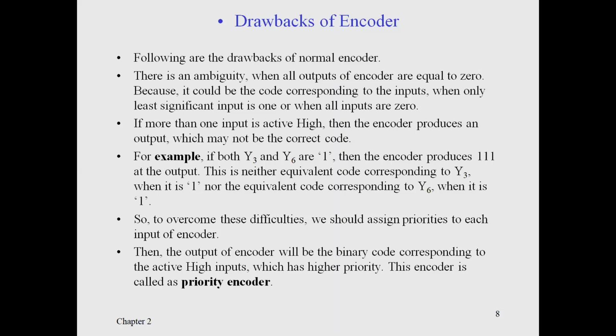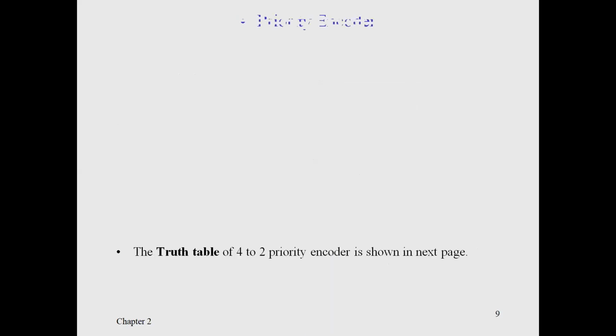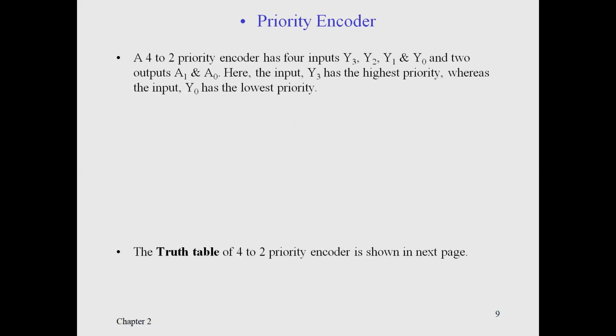Then the output of the encoder will be a binary code corresponding to the active high input which has higher priority. Therefore, this encoder is also known as a priority encoder. So let us go into the details of the priority encoder. A 4 to 2 priority encoder has 4 inputs, Y3, Y2, Y1 and Y0, and 2 outputs, A1 and A0.